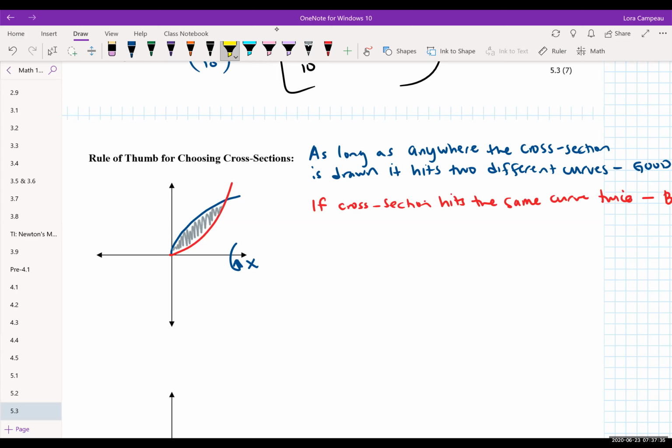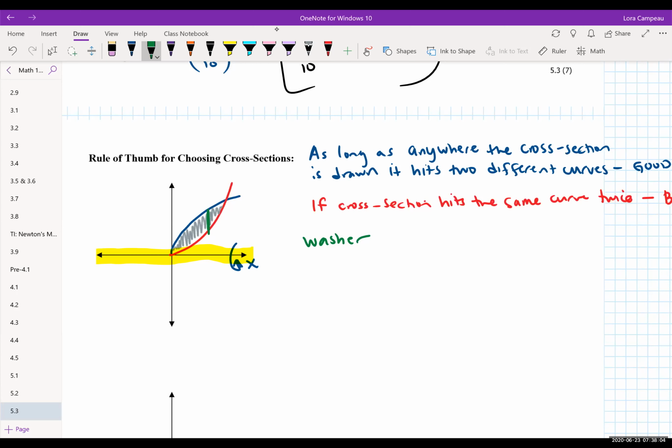So if we want to rotate about the x-axis, we'll try it. Is this more of me of just trial and error? Let's go perpendicular. Is that good? If we go perpendicular, can we do this? Yes, it hits two different curves. We are good to go. So that method, when we went perpendicular, was the washer. So that's good.